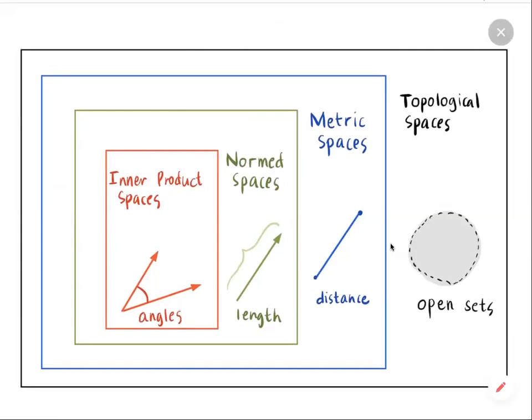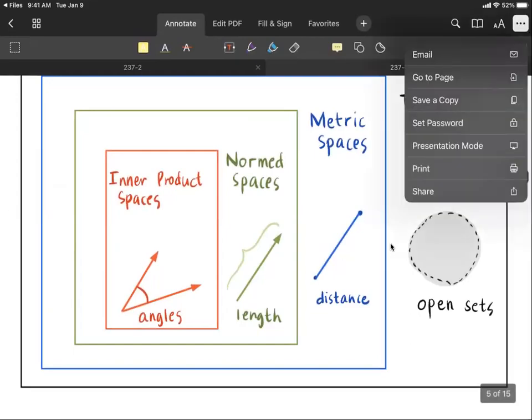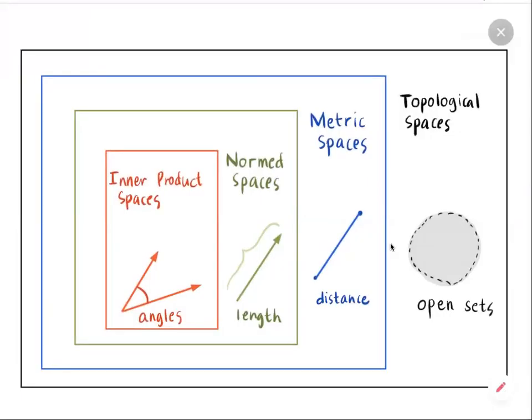Although we have not defined here yet the concept of angles, an inner product induces a norm, simply by taking the square root of the inner product of the vector with itself. And the complete versions: for normed spaces, you have the Banach spaces, and for inner product spaces, you have the Hilbert spaces.